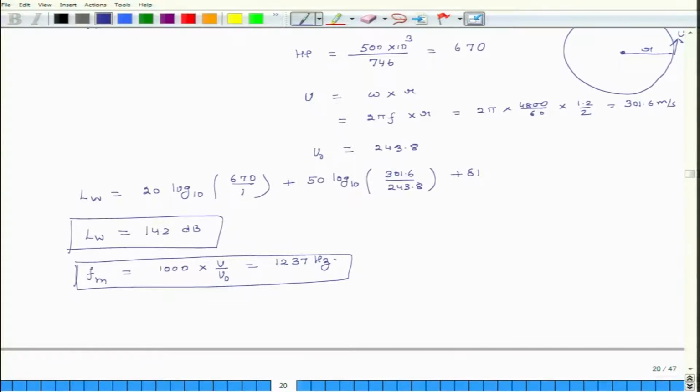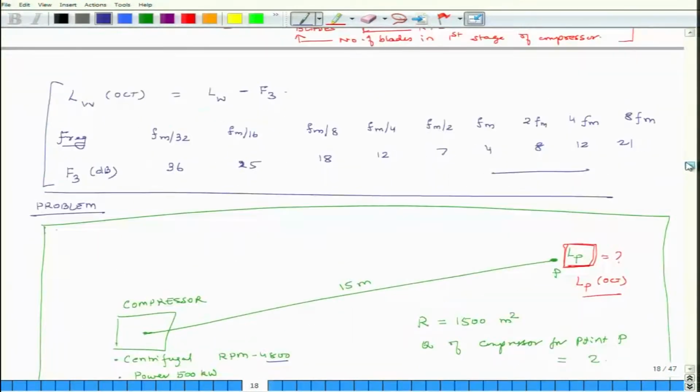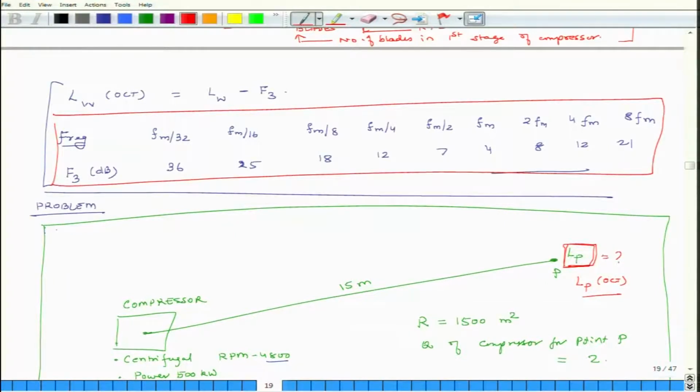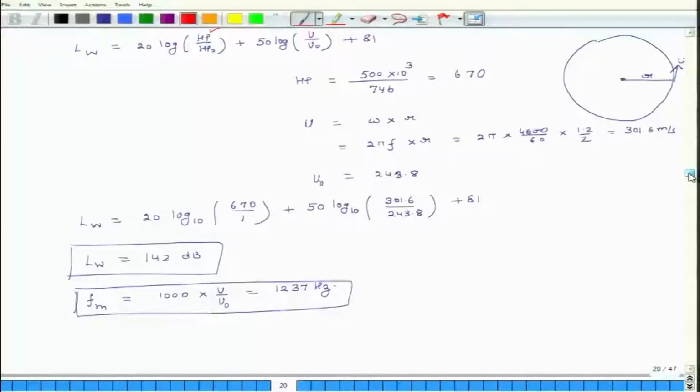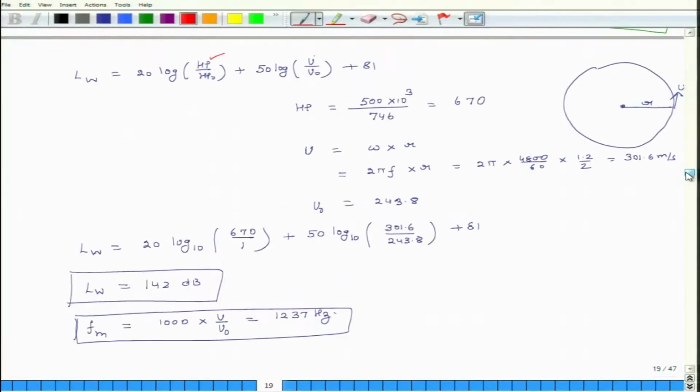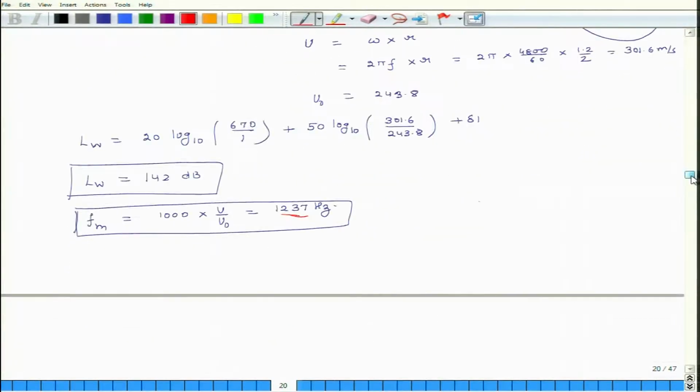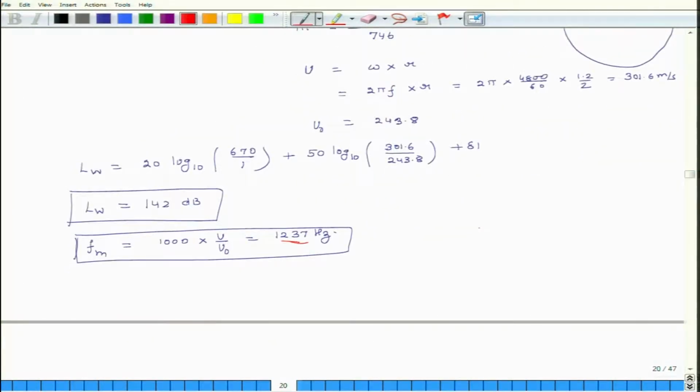Okay. Now, we have to use this table, but what we are really interested in is finding LW oct for different industry standard octave bands, because if I use 1237 I will get some weird numbers. The industry will look at industry standard octave bands. But it is going to peak at 1237 hertz. So, the question is, in which octave band does 1237 hertz lie?